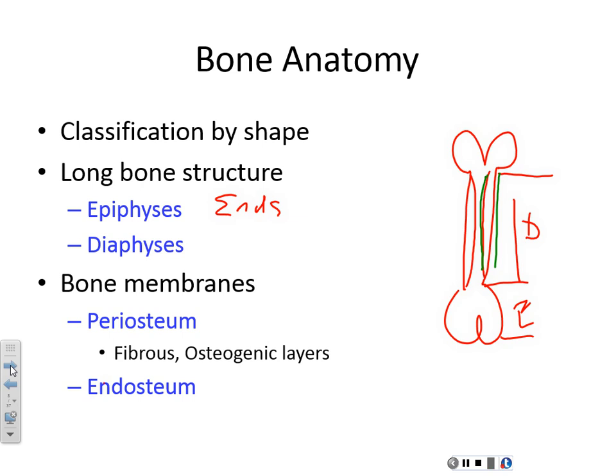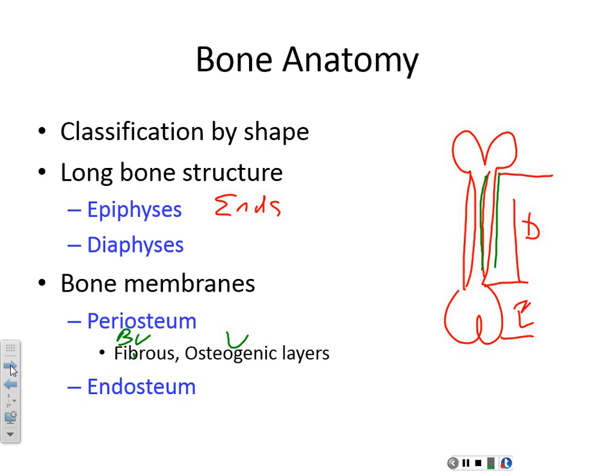The osteogenic layer would be the second layer, carrying the osteoclasts and the osteochondral progenitor cells, because those can turn into osteoblasts or chondroblasts. And then the fibrous one carries the blood vessels on the outside.